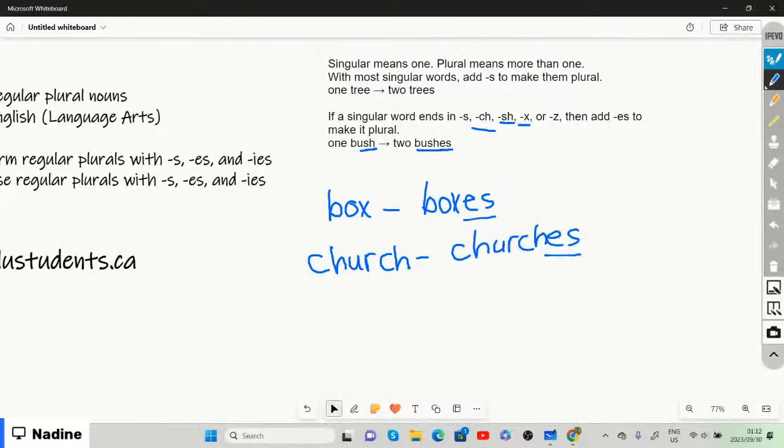And there we added an ES to show the plural form of the word church. One box, two or more boxes, one church, a lot of churches.